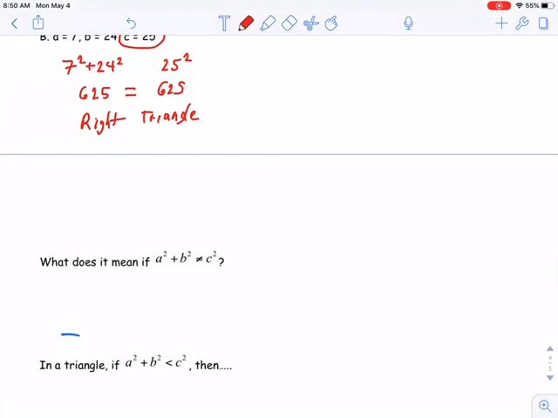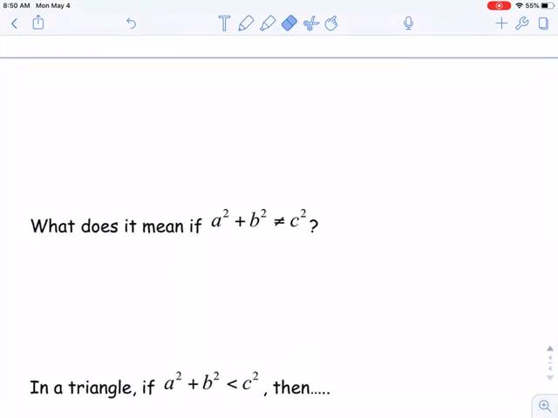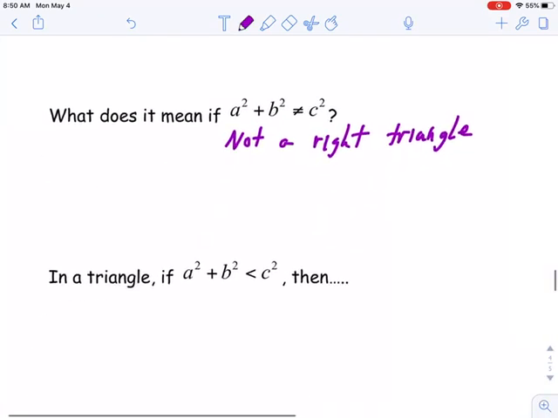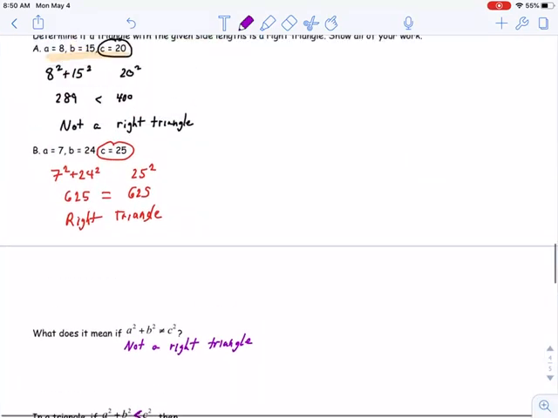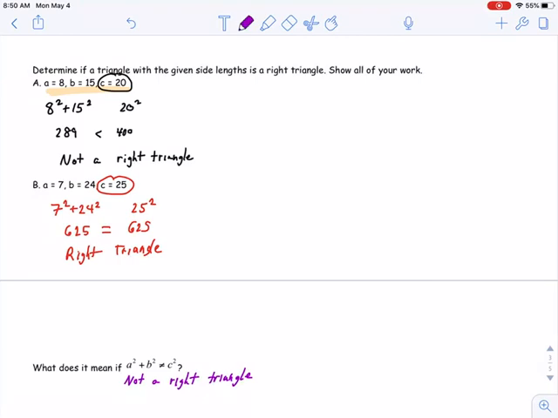Let's write down some generic rules really fast. What does it mean if a squared plus b squared does not equal c squared? We already talked about that. It's not a right triangle. If the Pythagorean theorem doesn't work, it's not a right triangle. If c squared is bigger, like we saw up here, this is actually obtuse.